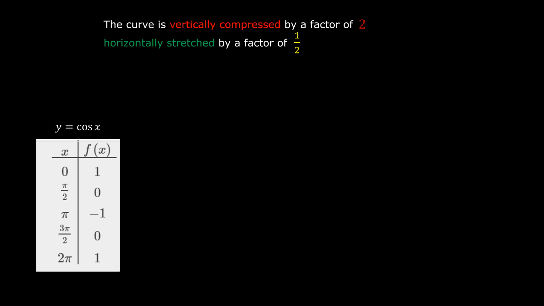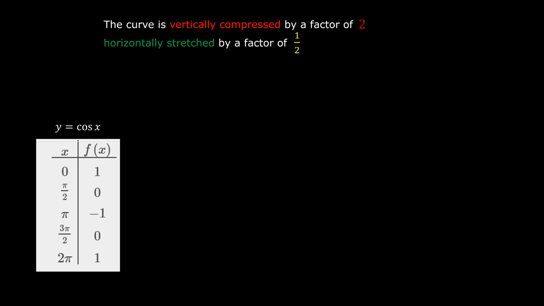Okay, so to draw the graph, as we mentioned in the example of sine x, start from the table of y equals cosine x. So this is the table of y equals cosine x. Now, here the curve is vertically stretched by a factor of 2 and horizontally compressed by a factor of half. 2 is the value of a, and half is 1 over b.